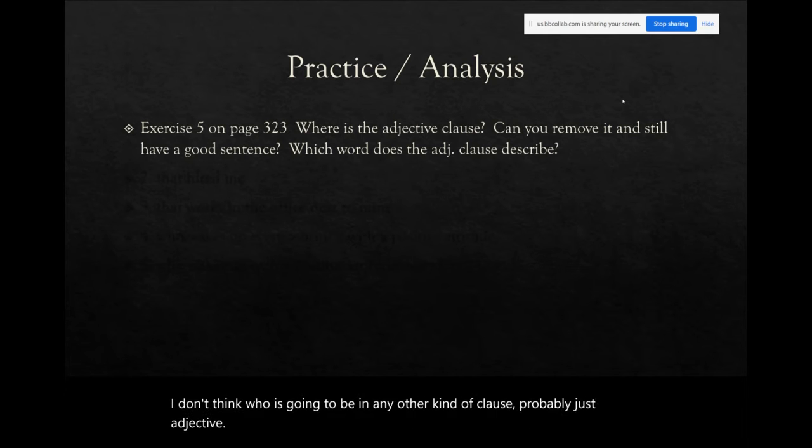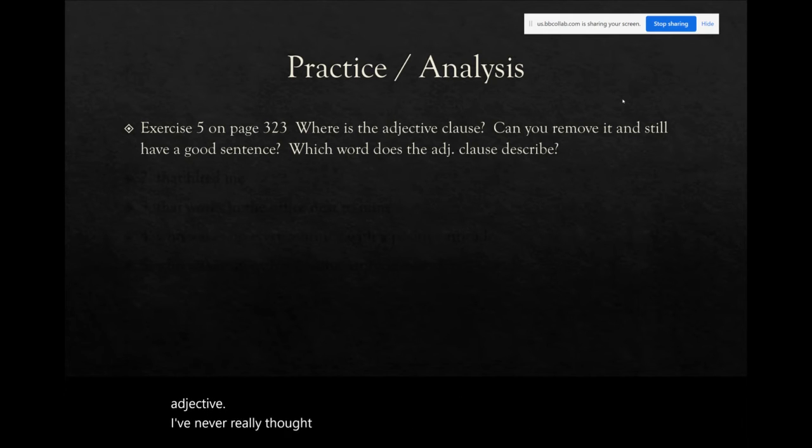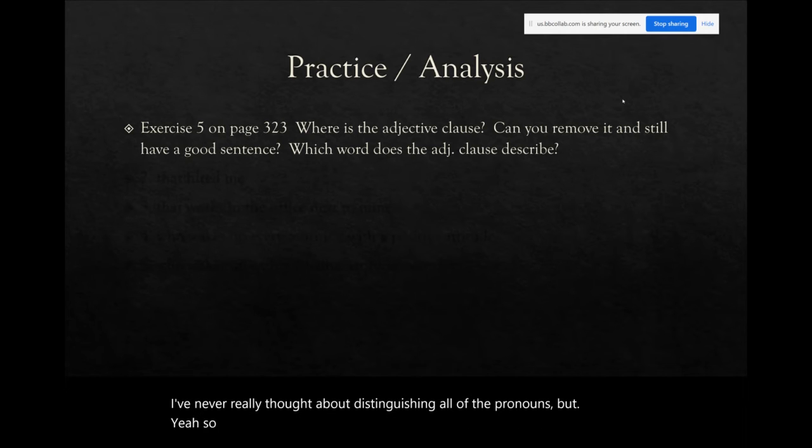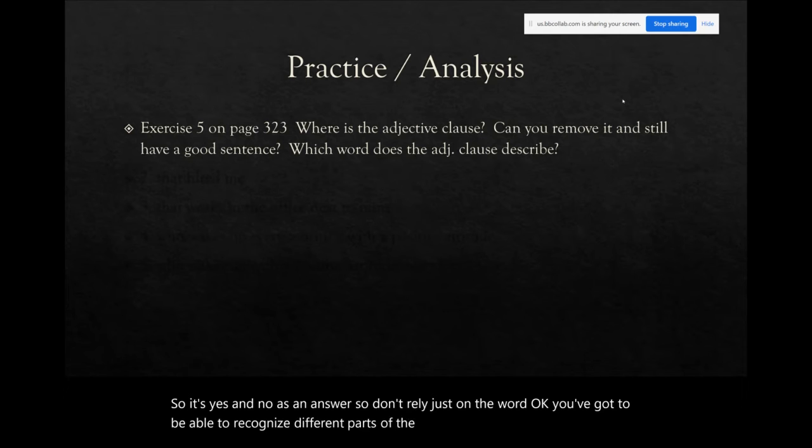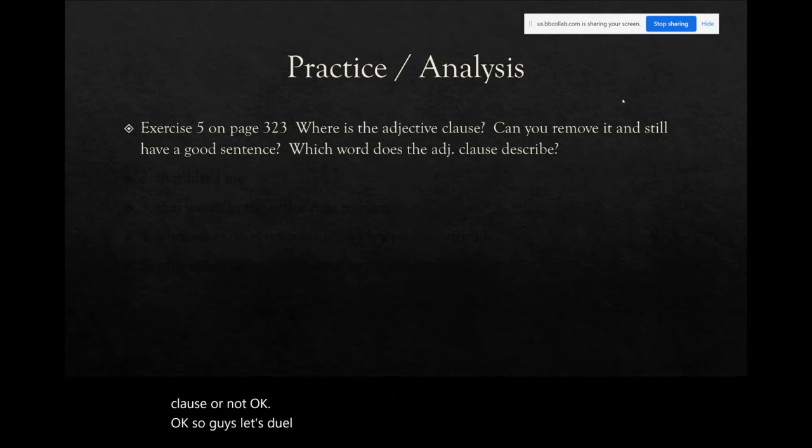I've never really thought about distinguishing all of the pronouns. So it's yes and no as an answer. Don't rely just on the word. You've got to be able to recognize different parts of the sentence to know if it's an adjective clause or not.